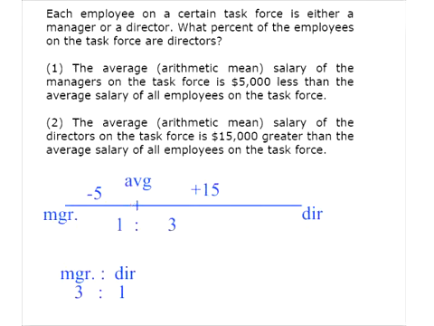Another way we could visualize this, using the same old chart: we don't know the actual average, but knowing that the managers are 5 below, and knowing that the directors are 15 above, Maria, what's the least common multiple there of the -5 and the +15?